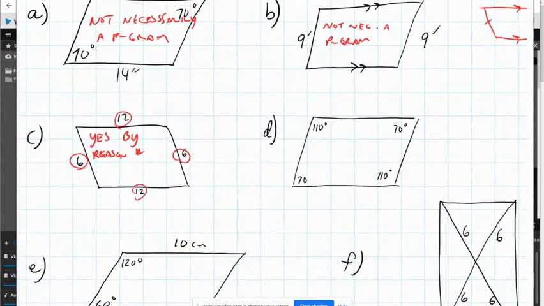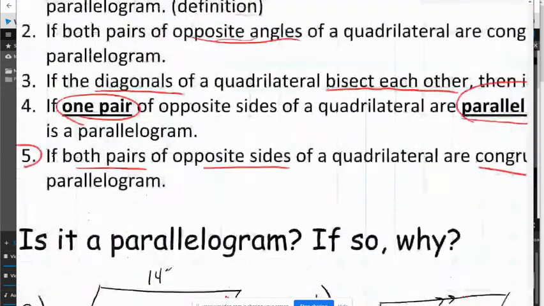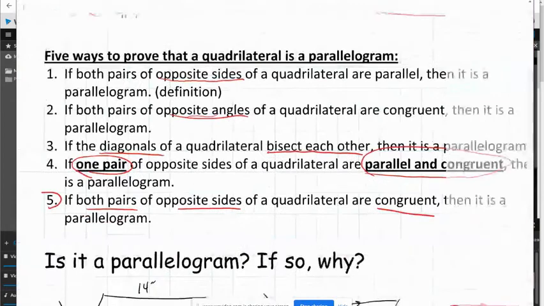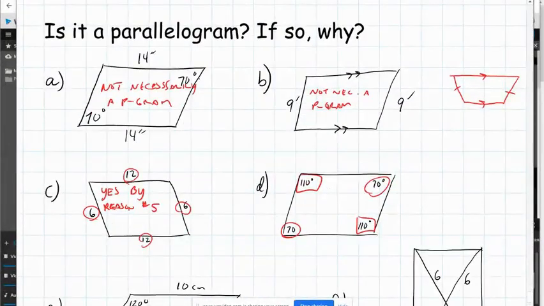So yes, by reason number 5. Part D, both pairs of opposite angles are congruent, and that is reason 2 on our list. So yes, by reason 2.